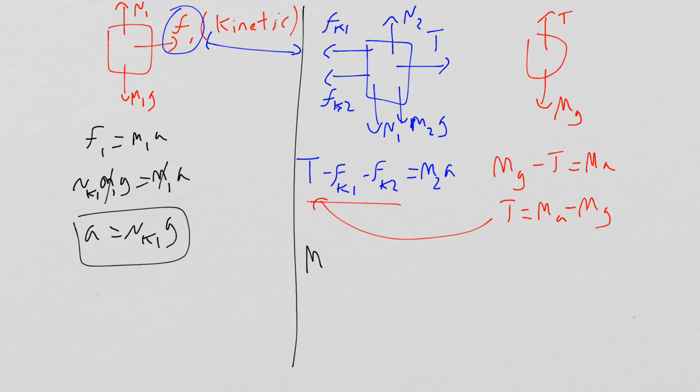It's always 0. So n2 is the same as it always was. So this is mu k2 n2, which is (m1 plus m2)g. That's the same as it was way back. That hasn't changed because our vertical acceleration has not changed. And that all equals m2a.